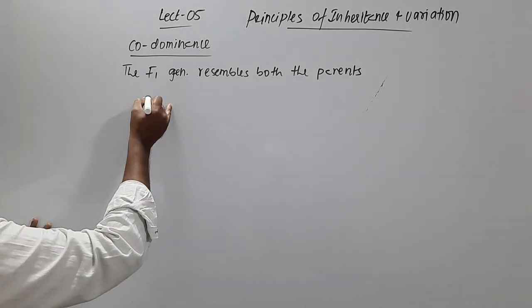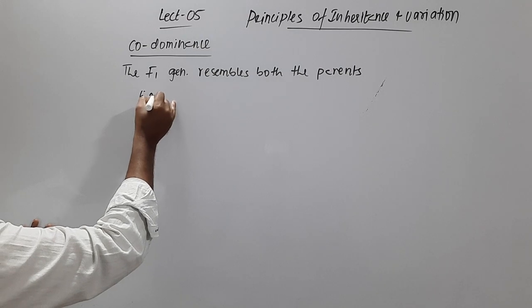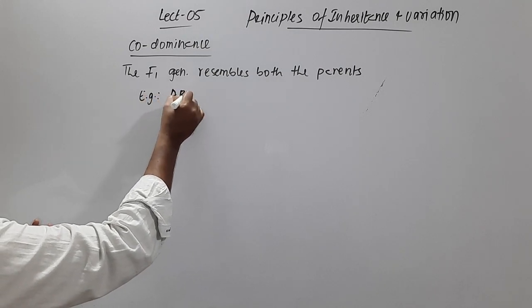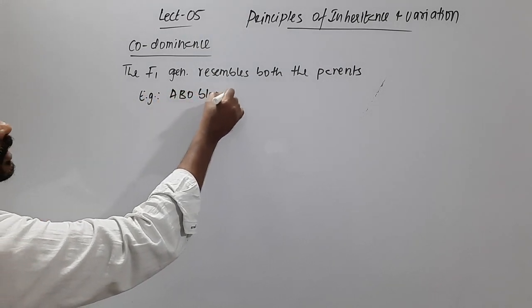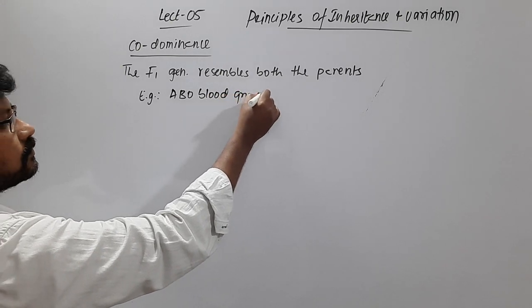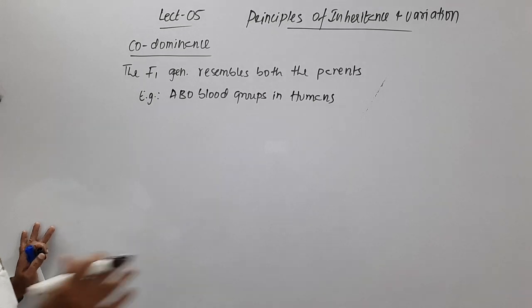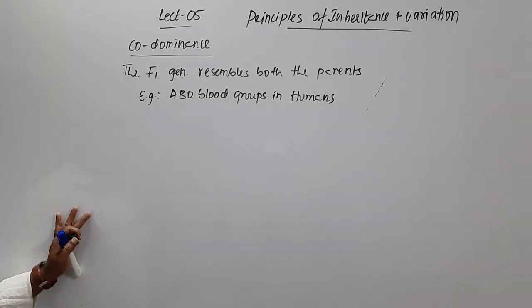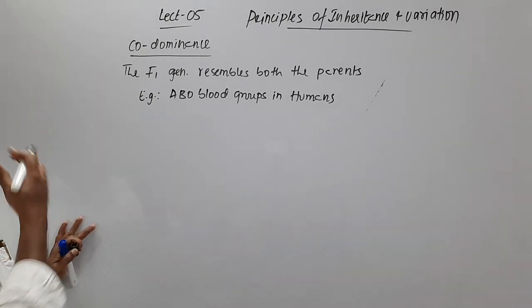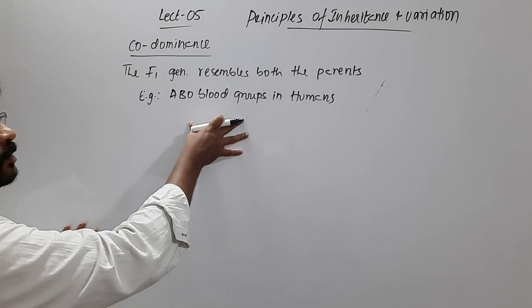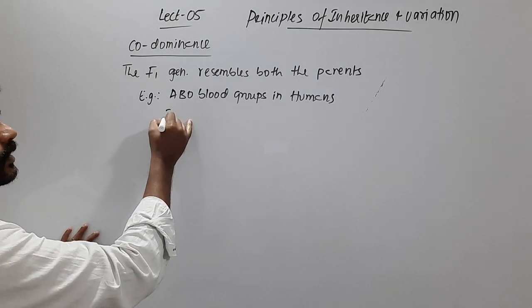So here the example is ABO blood groups in humans, which is a very good example to understand codominance.